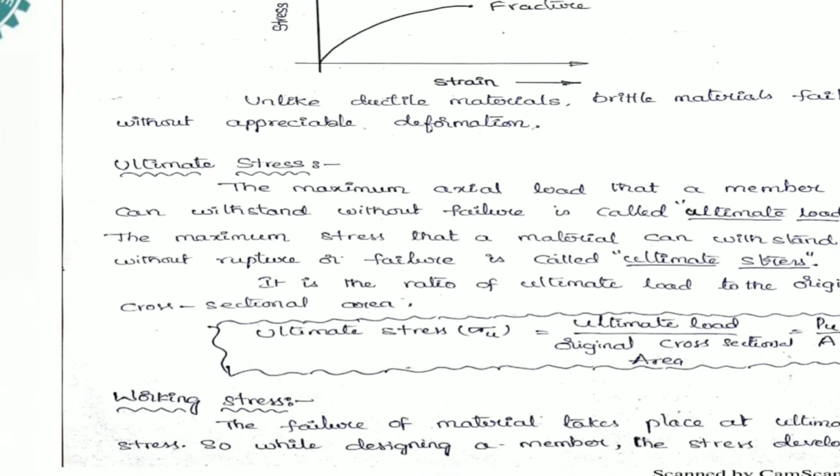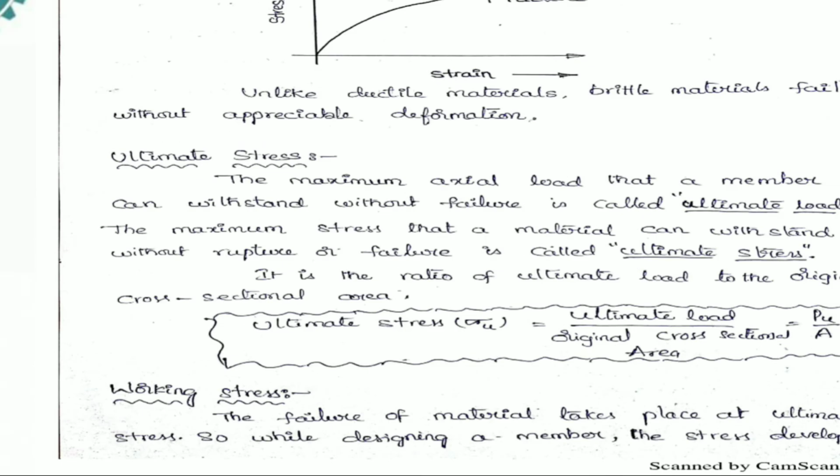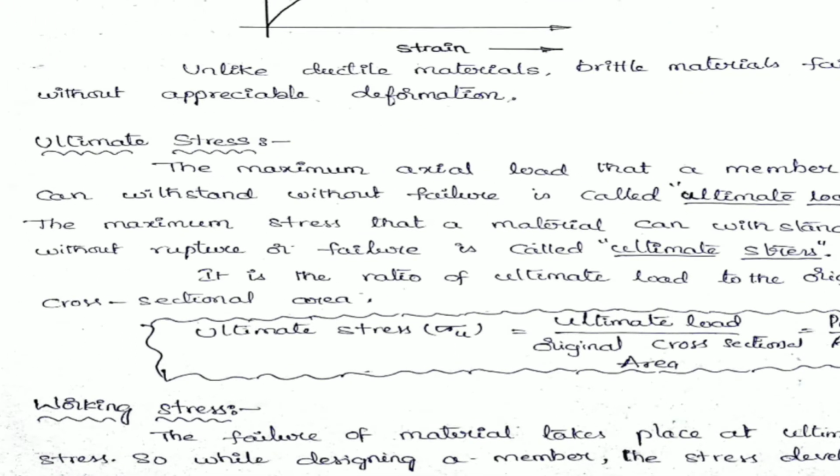Next important topic, what is ultimate stress? The maximum axial load that a member can withstand without failure is called ultimate load. The maximum stress that a material can withstand without rupture or failure is called ultimate stress. Here we clearly observe the difference between ultimate load and ultimate stress.